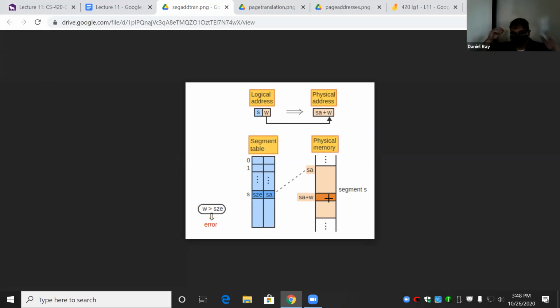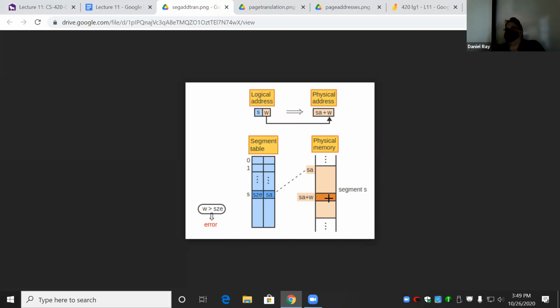So the table looks very similar, but there's actually an extra wrinkle here. This has one more thing that paging doesn't have. The reason is that if we know all pages are the same size, it's very easy to detect if W goes past the page.